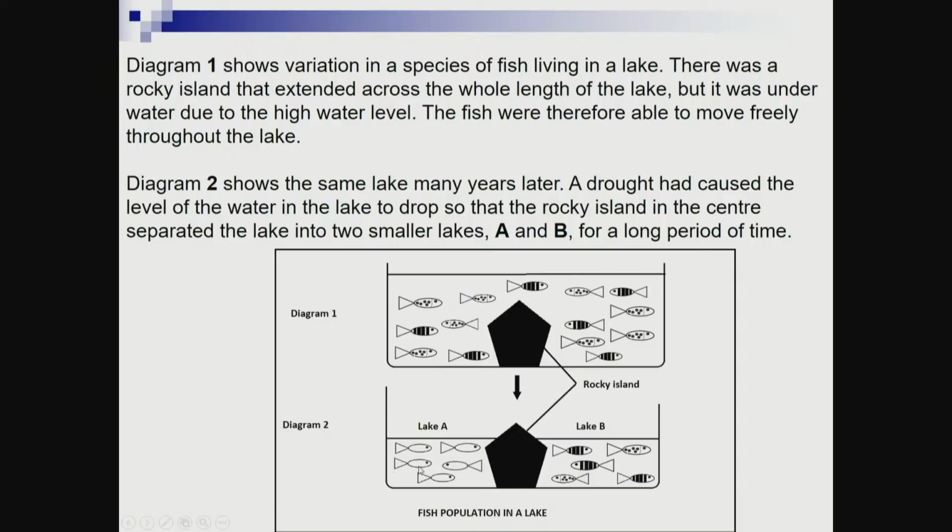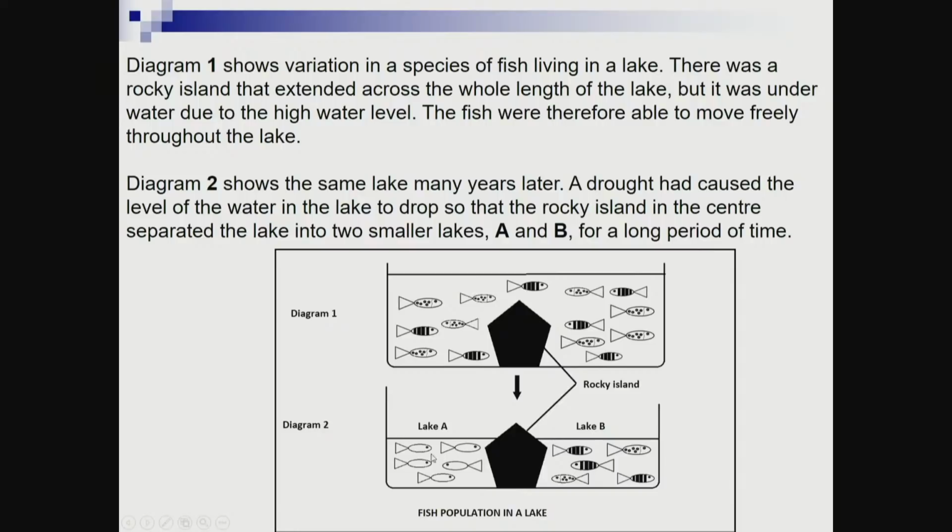Each one experienced different environmental conditions, and they underwent natural selection independently in lake A and lake B. So now the fish become genotypically and phenotypically different from one another.